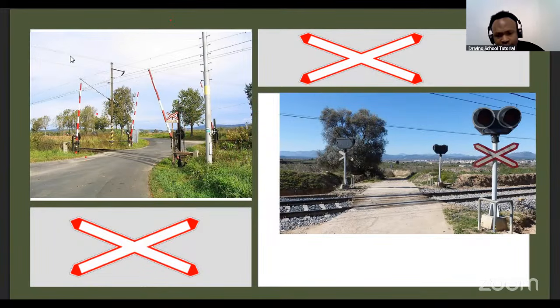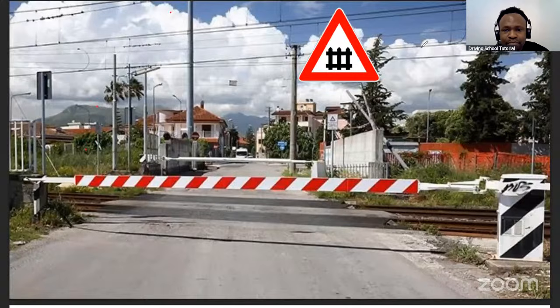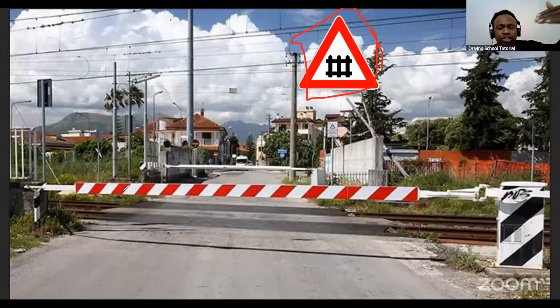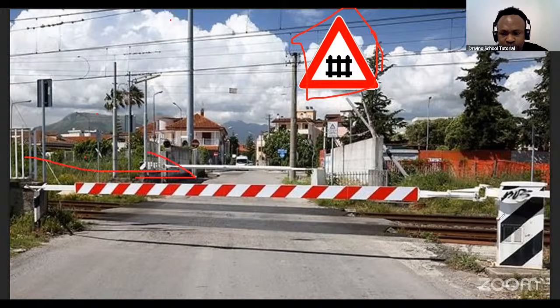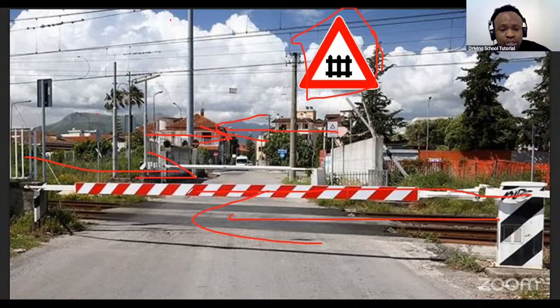Now, what about this other one? This one is telling me that in that level crossing, what I am having is barrier. What is the difference between semi-barriera and barriera? The semi-barriera, you have the barrier coming from here, the other one coming from here. So you have two barriers that are closing one carriageway. Then you still have the same thing on the other side. But in the case of barrier, you have one that is crossing the full road.